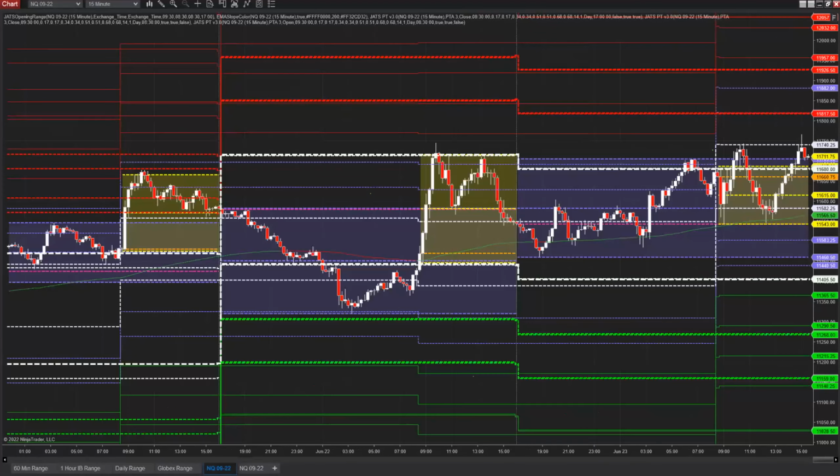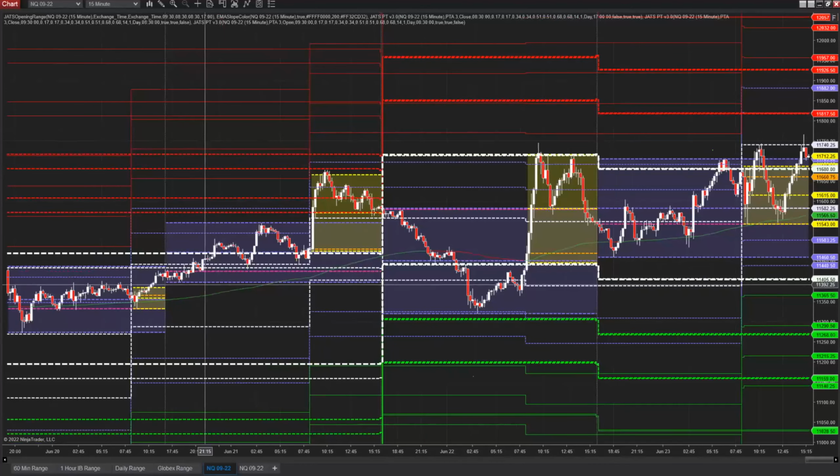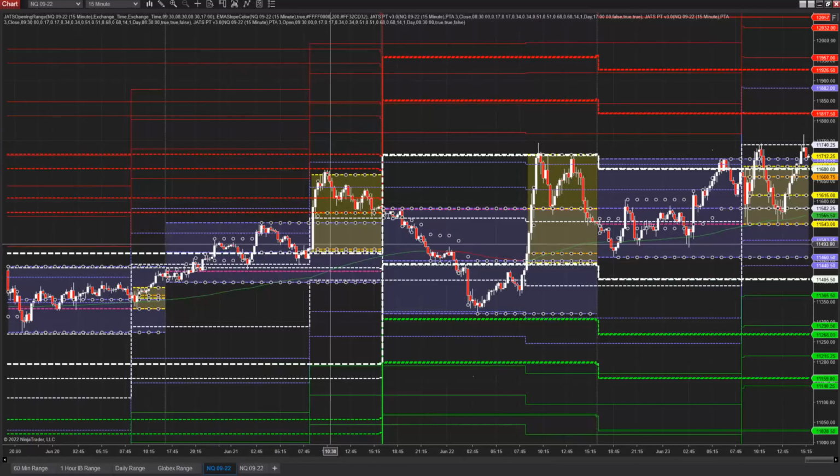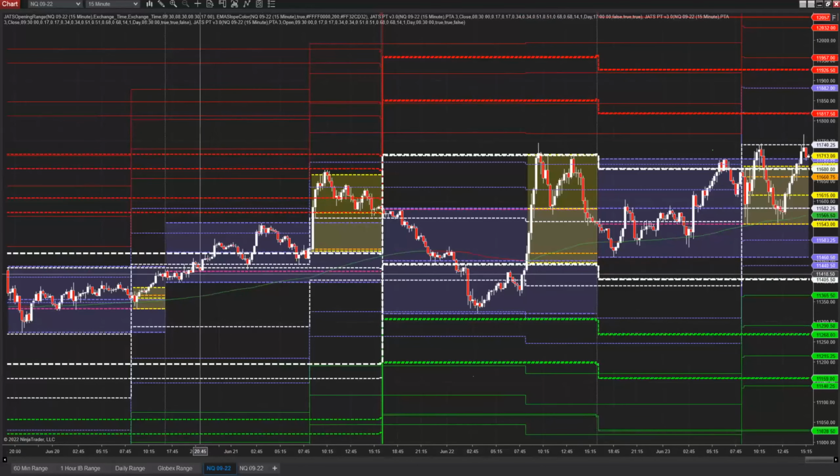So here we go. On this chart, I've got the opening range indicator with the PT indicator. And the opening range indicator allows me to use the session open that I'm working on. For instance, this is a Globex open, and the orange is the RTH open.